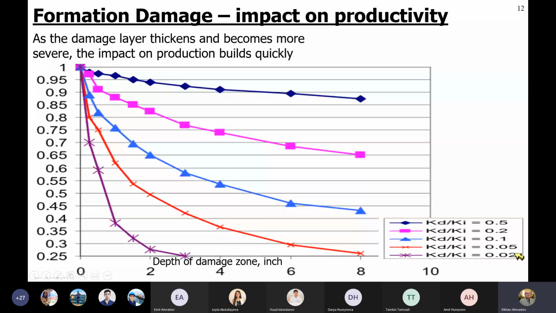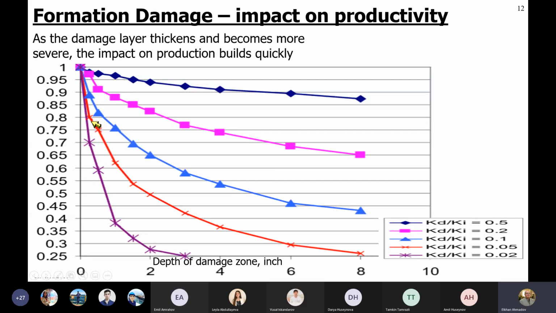So the lower this number, the worse the case. This is the worst case, when we have a 20 times or 200 times change in the permeability, a reduction in the permeability.